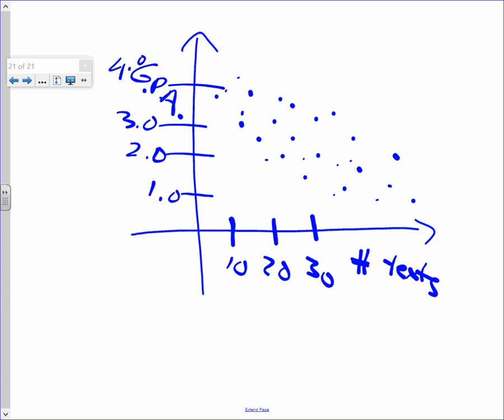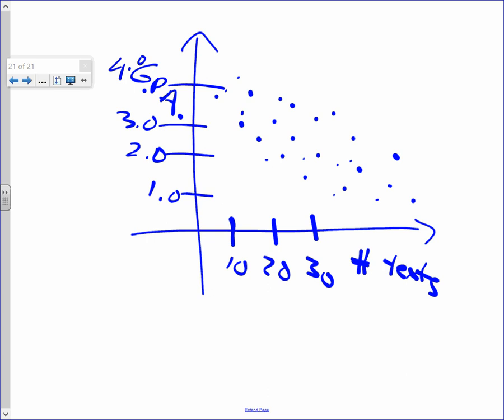I'm not saying it is, I'm just speaking hypothetically. Let's just say that whenever I plot the number of texts and the GPA of every student at Park West, I see a downward trend. In other words, the more texts, the lower the GPA. Look at these kids that text most, they have the lowest GPA. Whether this is the case or not, that's yet to be found out. We're going to do our own study of Park West students later.